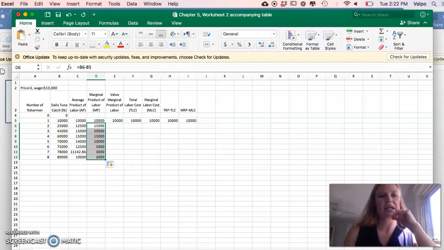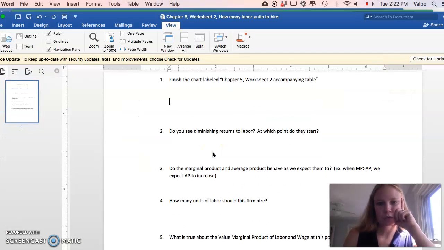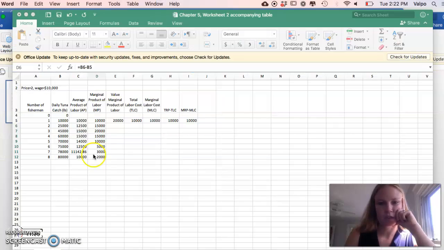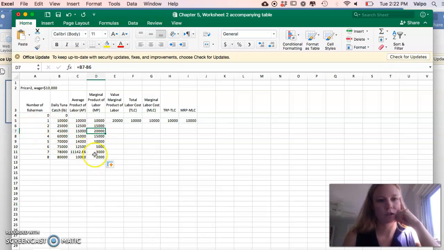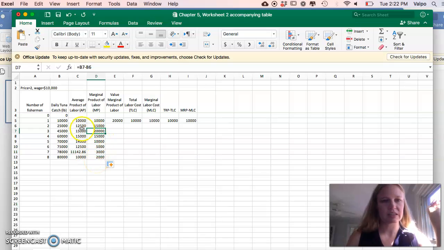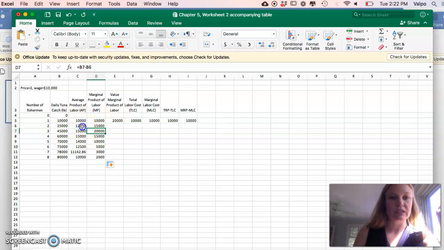So the first thing that I ask, if I'm remembering correctly, is do we see diminishing returns to labor, and at which point do they start? Well, we can answer that. Yes, we do. They start with the addition of the 4th worker, right? So we've got increasing returns followed by diminishing returns. The next question I ask is, do average product and marginal product behave like we expect them to? Yes.